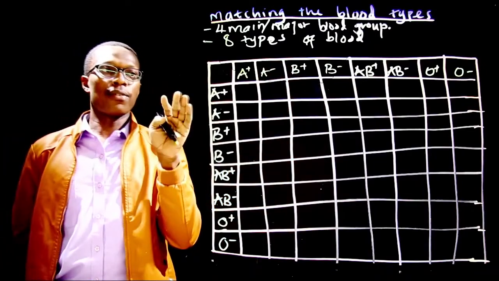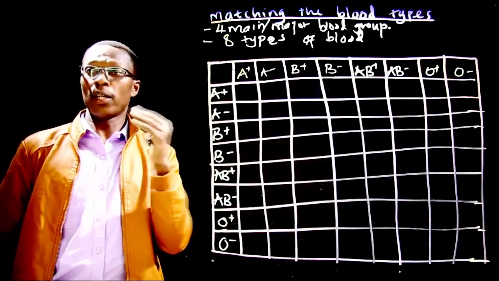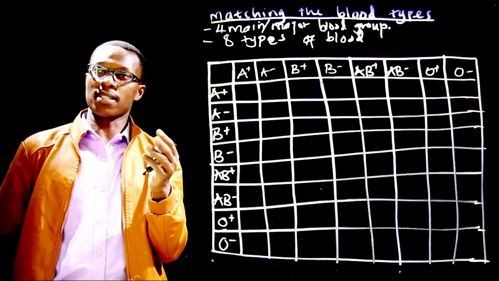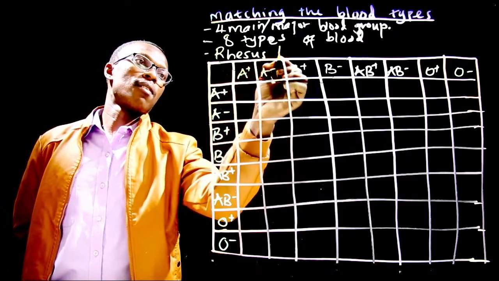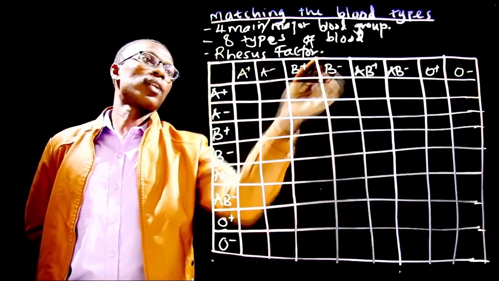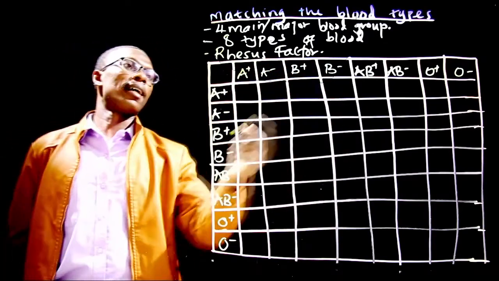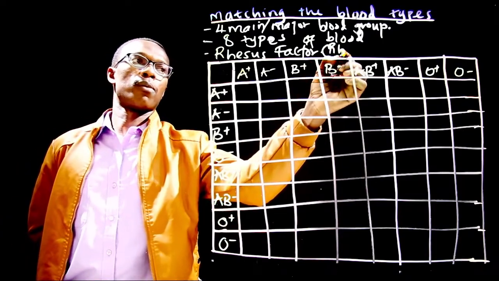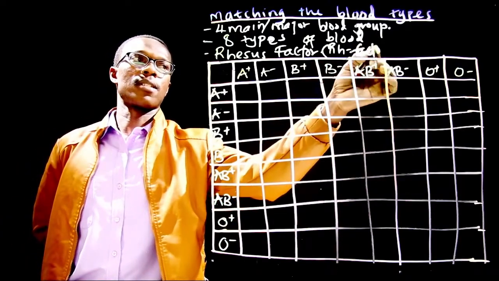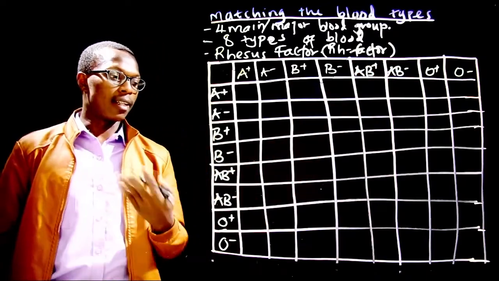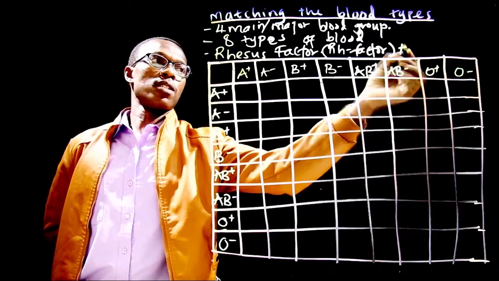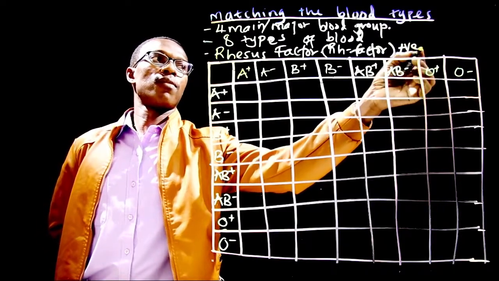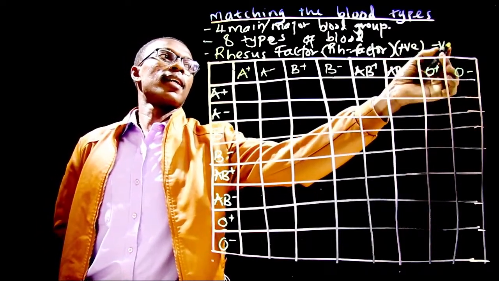These 8 types of blood are determined by something called rhesus factor, normally called RH factor. This determines whether the blood type is either positive or negative.